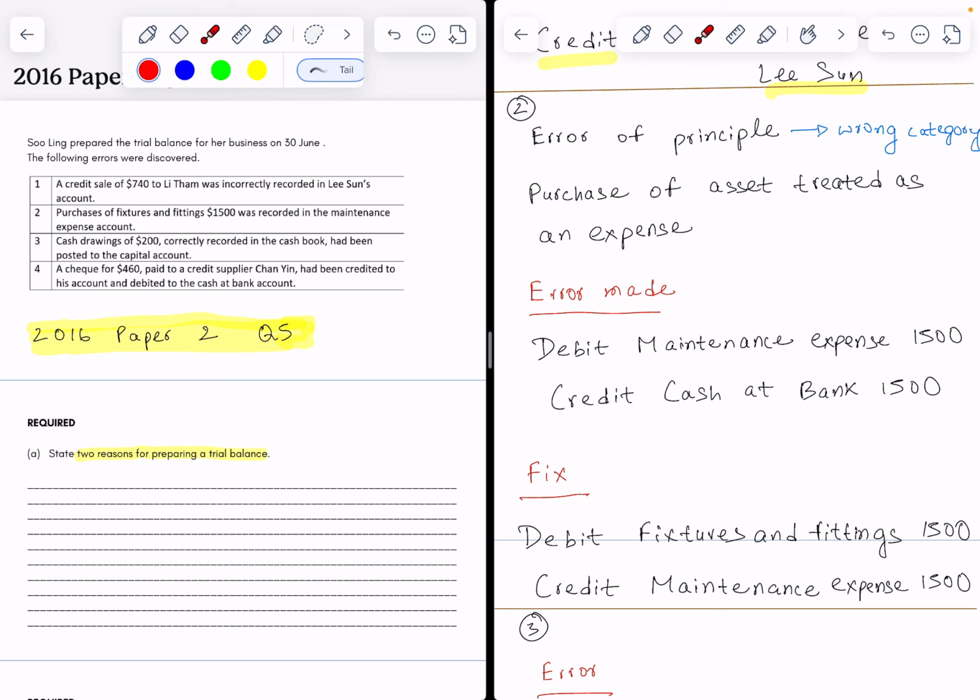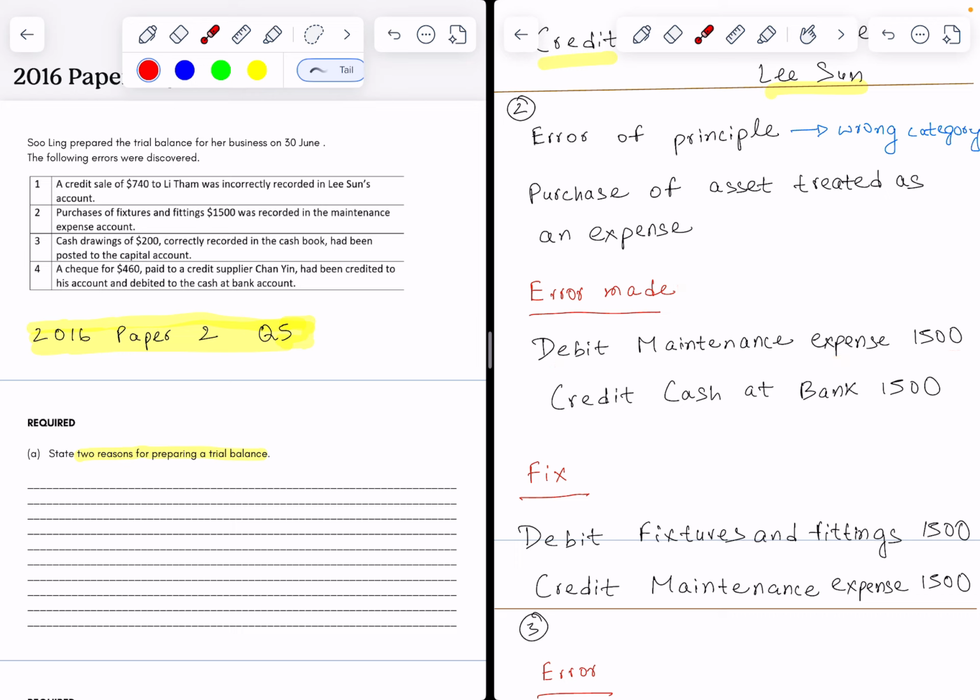Now, let's have a look into the error that was actually made. So we know we ended up recording the purchase of fixtures and fittings as maintenance expense. So when we would have made this error, we would have debited the maintenance expense account by $1,500 and simultaneously credited the cash at bank account by $1,500, obviously, which is a correct entry because your funds available in the bank account will go down when you are purchasing something or paying for something, okay?